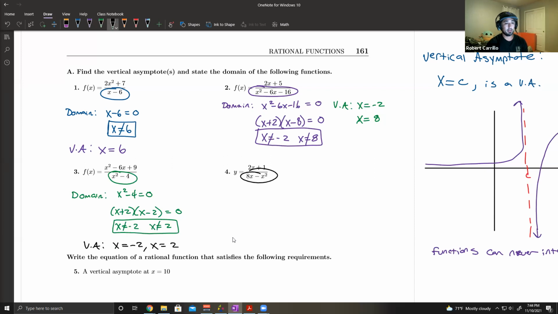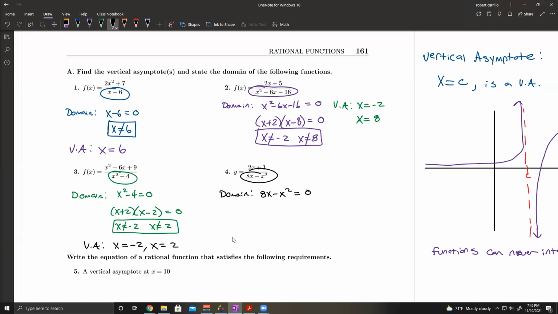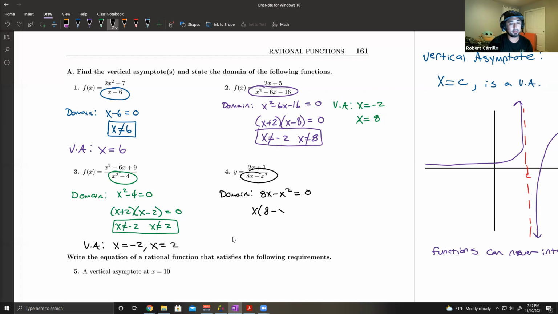All right, last one for these. Find your domain, and take your denominator, set it equal to 0: 8x minus x squared. These are the ones where we factor out a greatest common factor. So what could we factor from 8x and -x squared? An x. So if we factor out an x, that'll leave me with 8 minus x equal to 0.